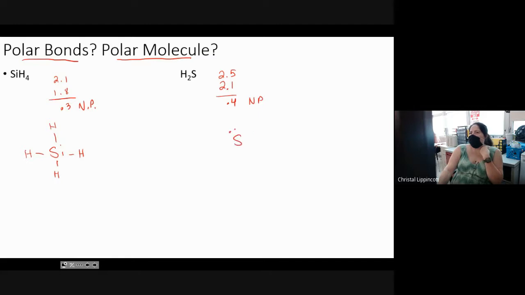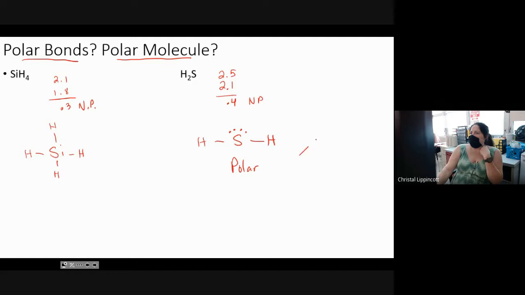But notice that when I draw this, I have lone pairs of electrons. Anytime you have lone pairs of electrons, it's automatically going to be a polar molecule. Because you have a concentration of those electrons very close to the central atom, it's going to give it a bent structure.